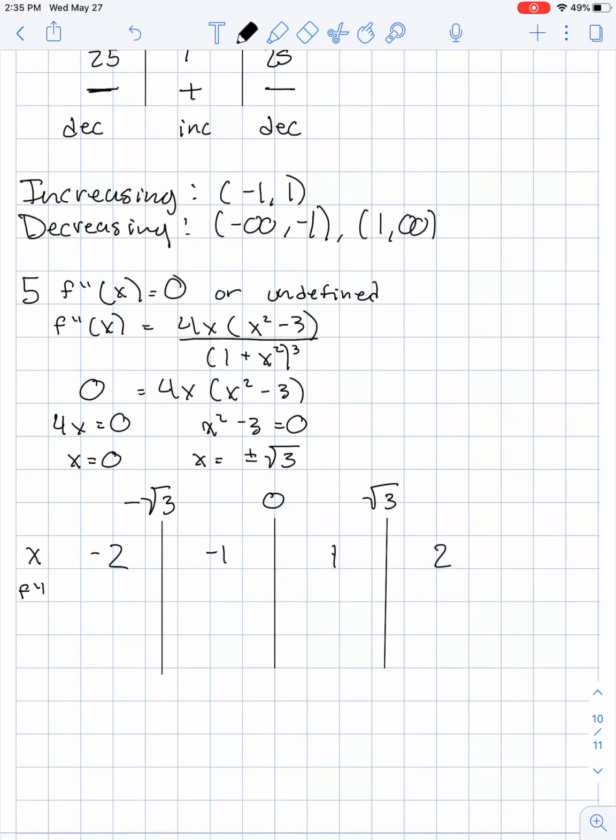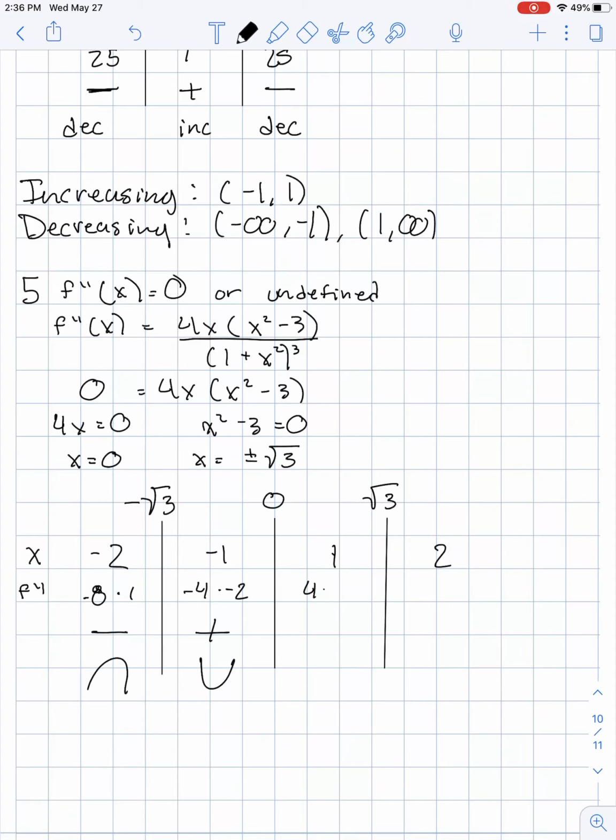So plugging -2 in, I'll get -8 and then 4 minus 3, which is 1. So that is a negative and concave down. If I plug in -1, I get a -4. 1 minus 3 is another -2, so that's +8. Concave up.